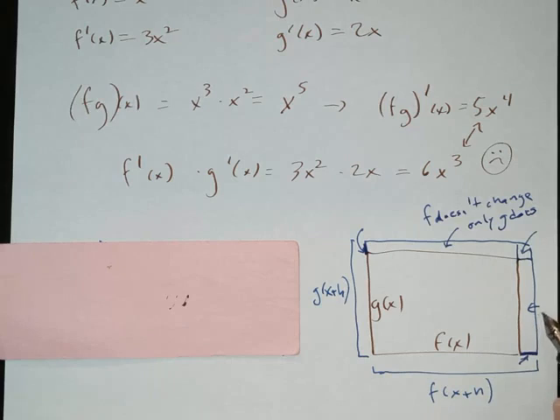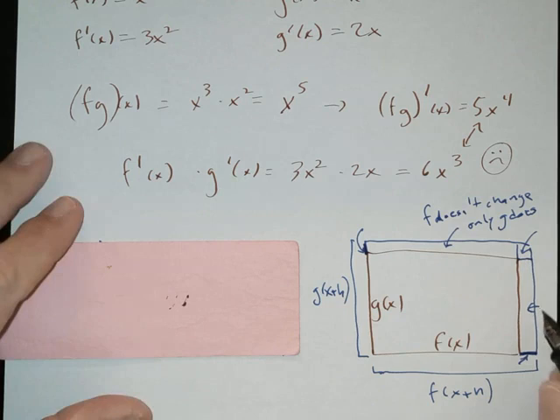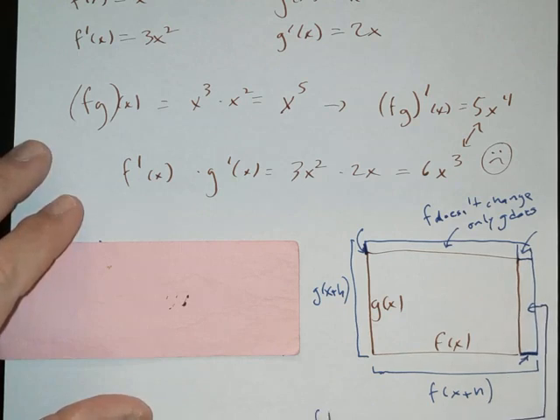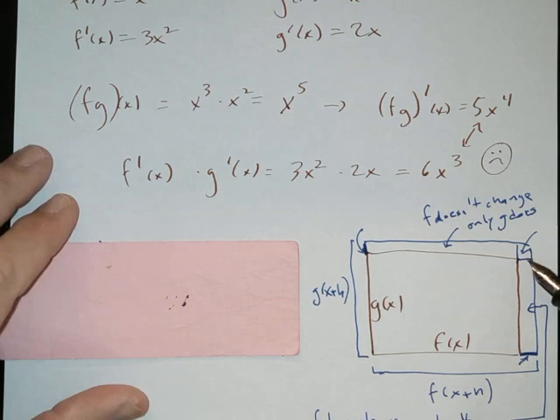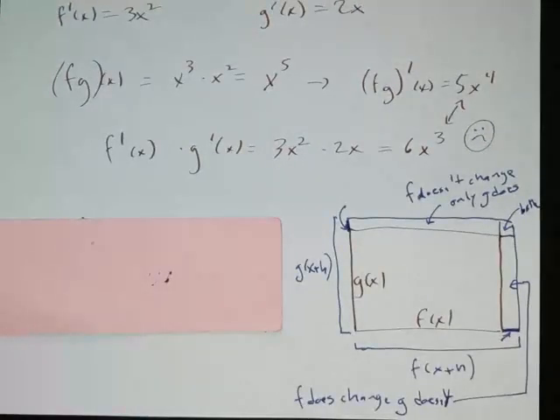What about on this side over here? g doesn't change, but f does. And in this little upper corner, they're both changing. Kind of hard to see. I wrote both up there.